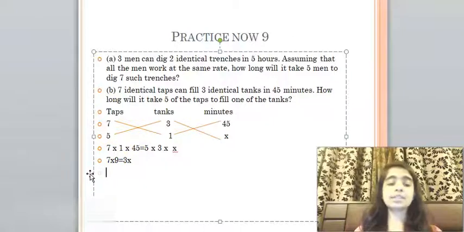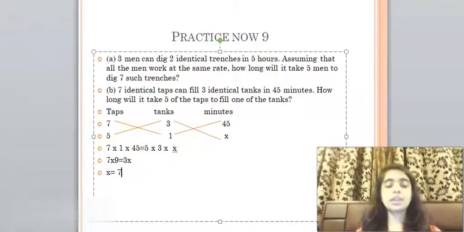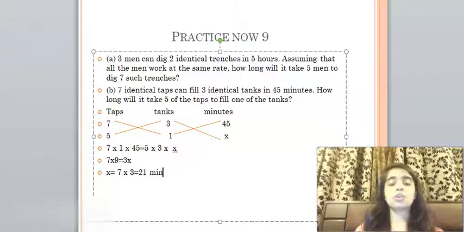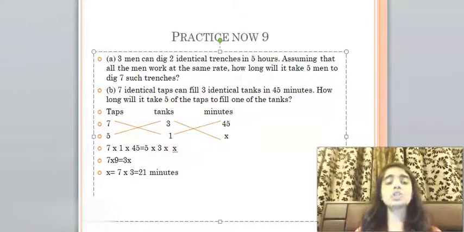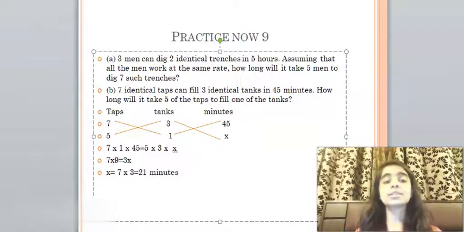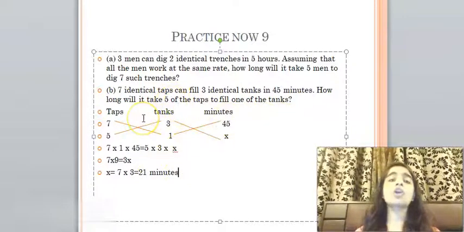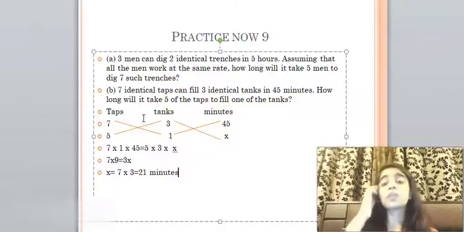So that means that x is equal to 7 multiplied by 3, that is 21. So our time will be 21 minutes. That means it will take 21 minutes with 5 taps to fill 1 tank.